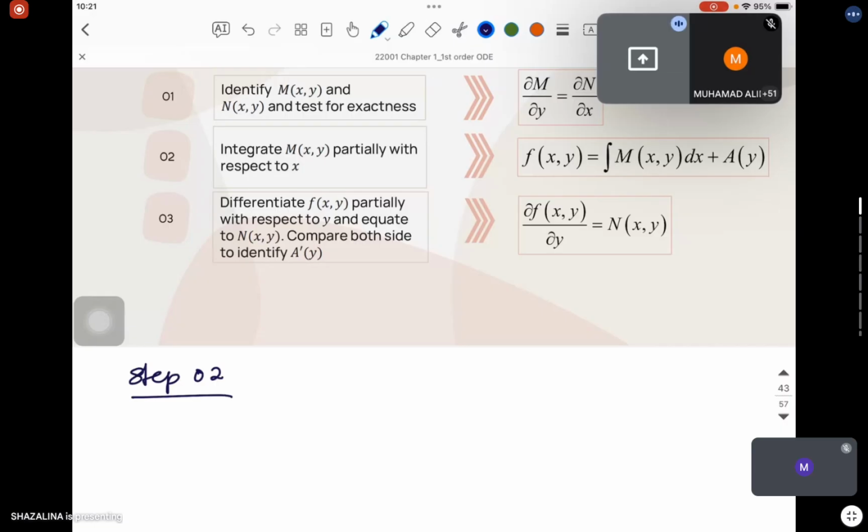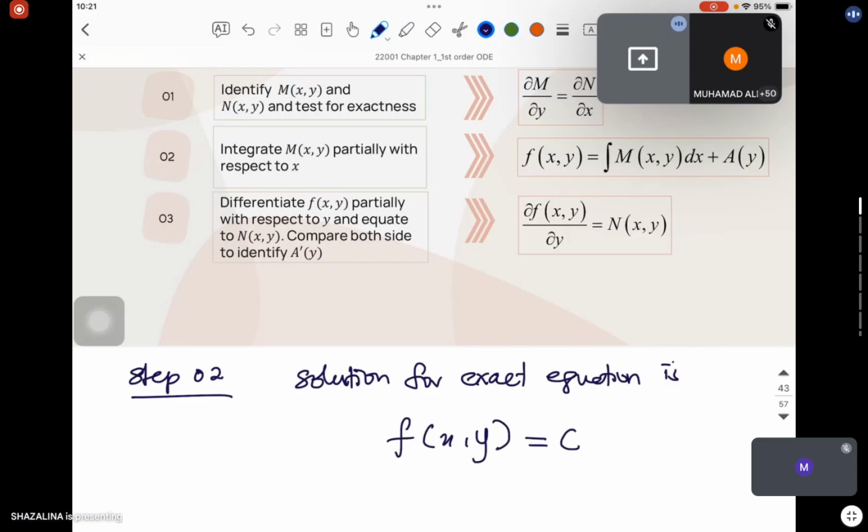Solution for exact equation is f(x, y) equals C. This is the solution for exact equation.